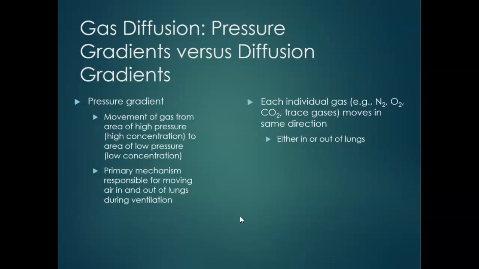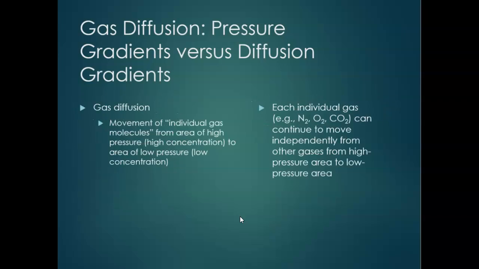All right, so remember, with pressure gradients, movement of gas is going to be from areas of high concentration to areas of low concentration. This is how we get air in and out of our body. Individual gases are going to move in the same way, in and out of the lungs.